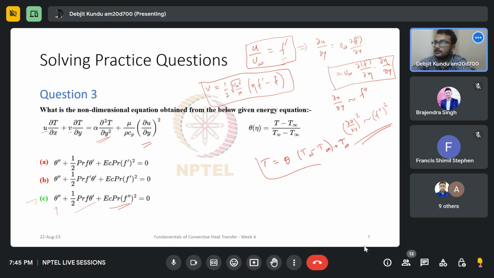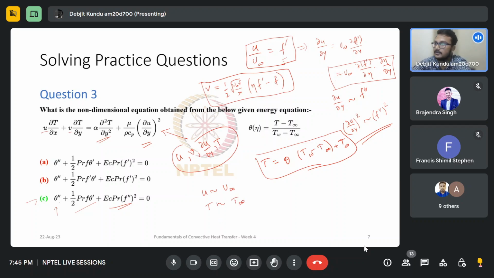All these values of u, v, ∂u/∂y, and T you plug in to this equation, and then you use the different scalings. For u the scaling would be u infinity, for T the scaling would be T infinity, like that.